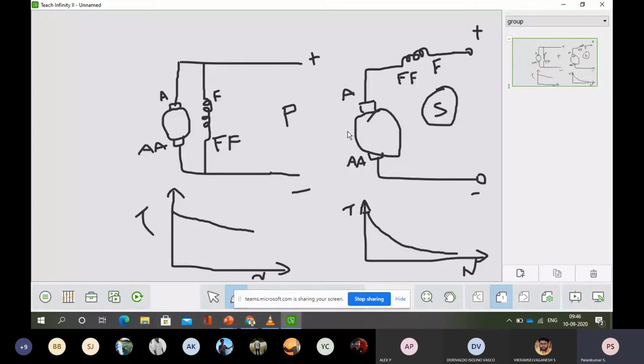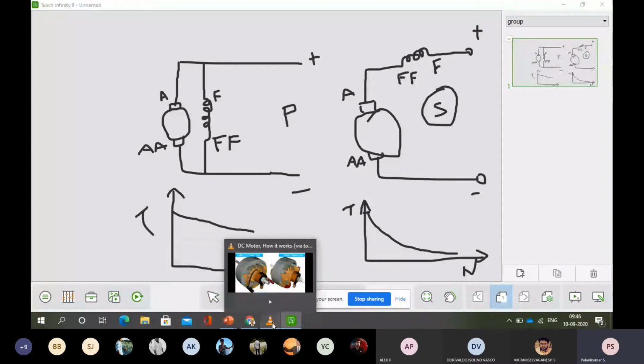So whenever you want to lift a very heavy weight, at a very low speed at the beginning, I prefer a series motor. But from the initial up to the rated power, if I need a somewhat constant torque, I have to always prefer a parallel connection DC motor. That is what is exhibited there.